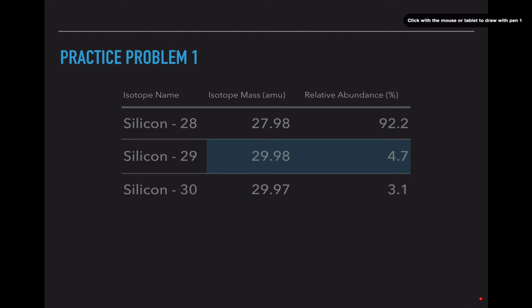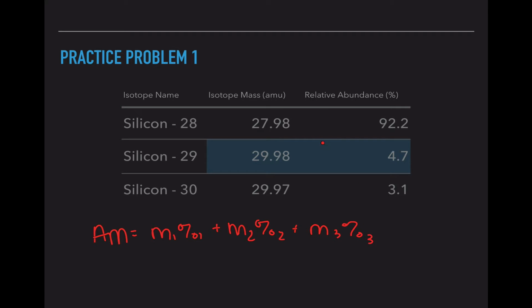So let's try that again. We're going to take the atomic mass and multiply it by the percent. So here we have 27.98 and 92.2%. So atomic mass is mass 1 times percent 1 plus mass 2 times percent 2 plus mass 3 times percent 3. And here we only have 3, so I'm going to stop there.